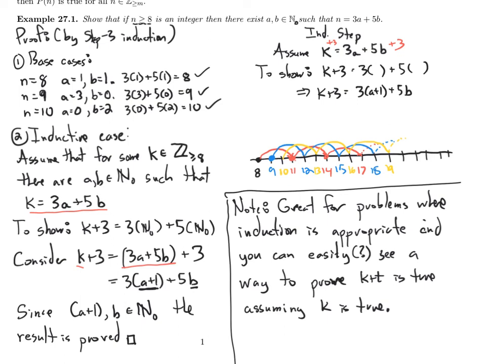Both ways are, in this case, equally as good as each other. The first way, the way that we wrote up, is a little bit shorter, so maybe that is slightly better, but they both prove the result in the end anyway, so both are totally valid. And that is step t induction.